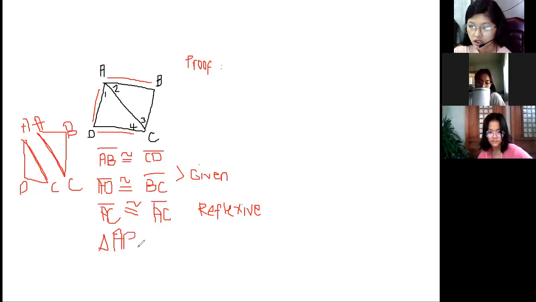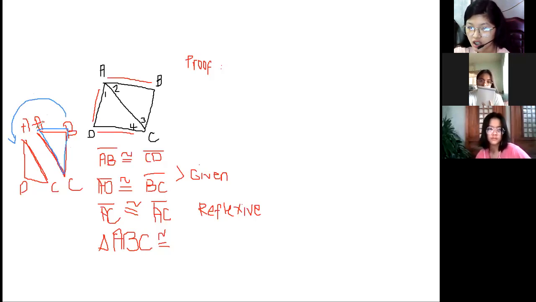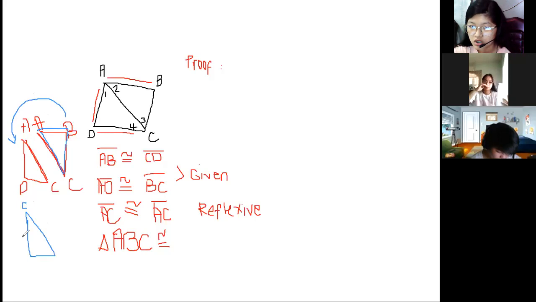So, we have triangle ABC, and imagine niyo ha, itong triangle na ito, kapag inikot natin siya, papunta dito, counterclockwise, so magiging same position ng ating letter A is si letter C. Tapos, ito ay B. Mali.